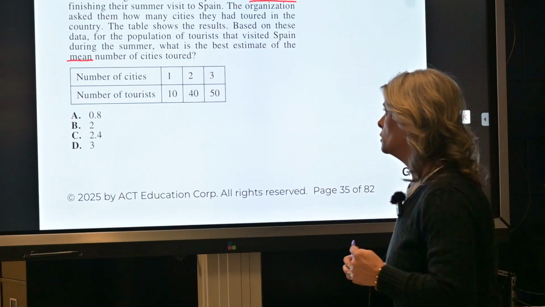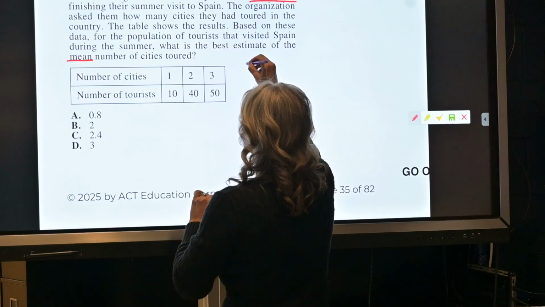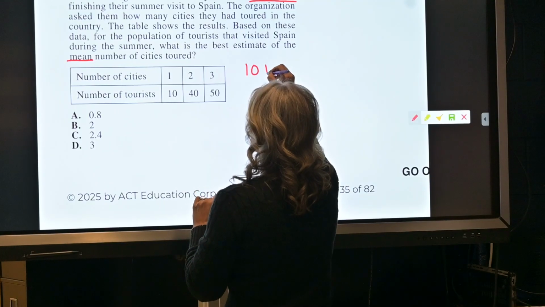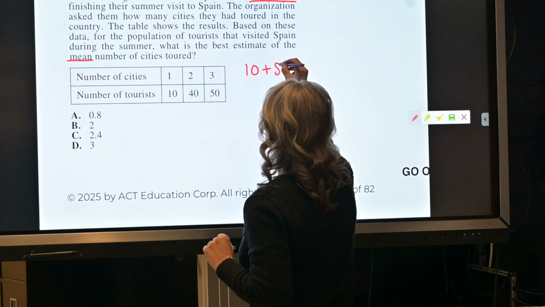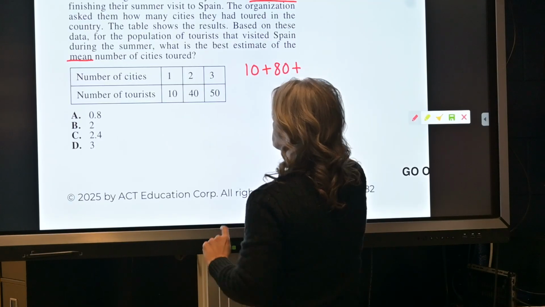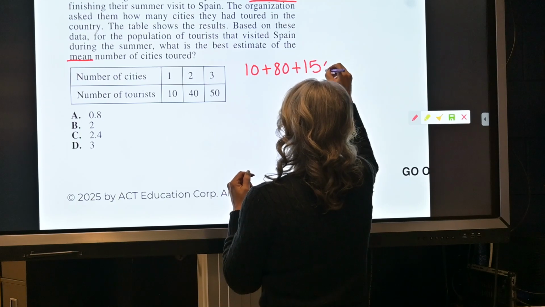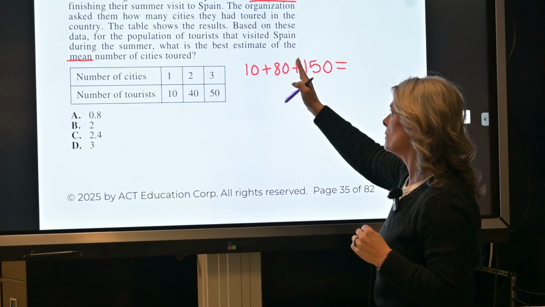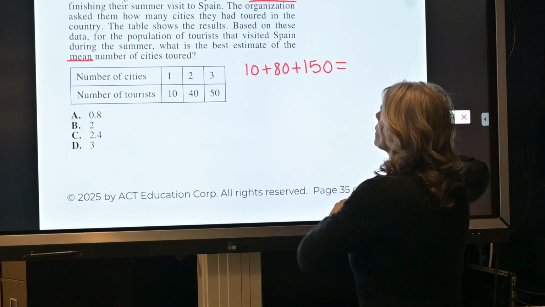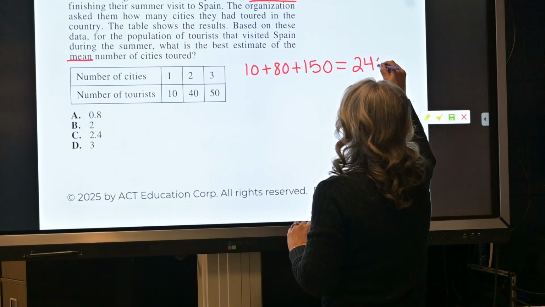Average. Average, good. So we're going to do 1 times 10 is 10, plus 2 times 40 is 80, plus 3 times 50 is 150. Okay, so that's how many cities were visited. So we're going to add those up, okay? So this is 240.